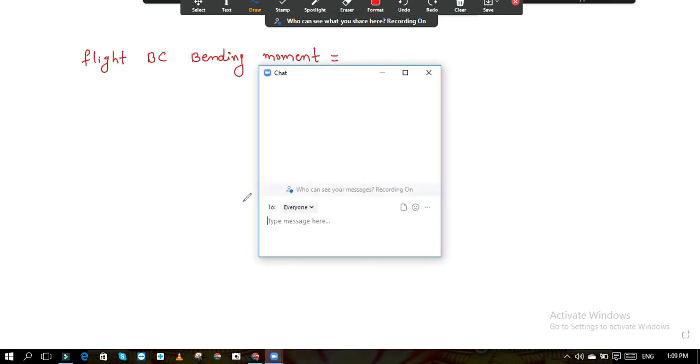Okay. So in the last lecture we calculated the bending moment for flight BC. Let me know the value of the bending moment for flight BC. What is the value? What have we calculated?